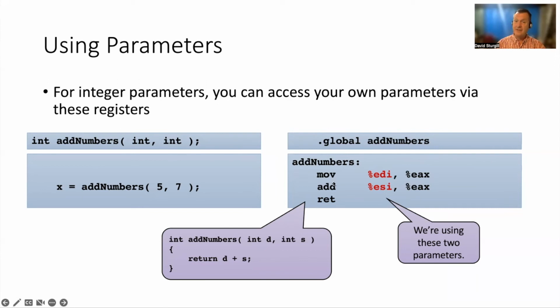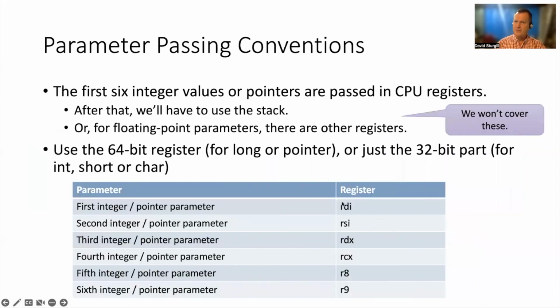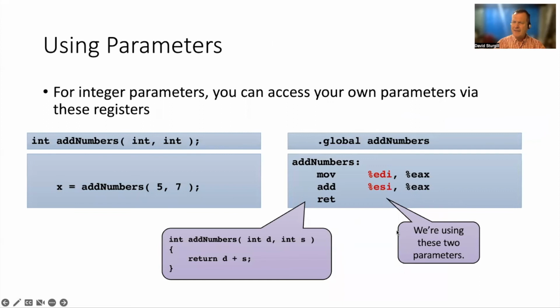And then inside the function, if you'll let me back up a slide, the first parameter should be in RDI. The second parameter should be in RSI. If I'm passing 2 int parameters, those are just 32 bits, so I don't really need the whole register for that. So you can see here, I'm just getting the low order 32 bits out of that register.